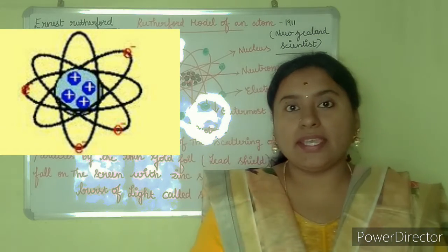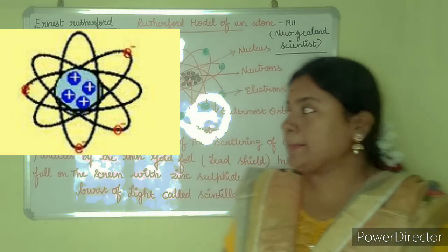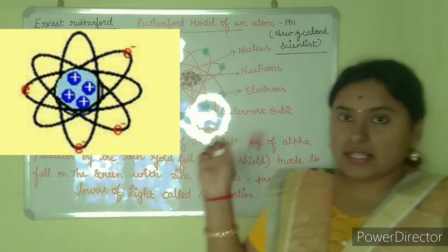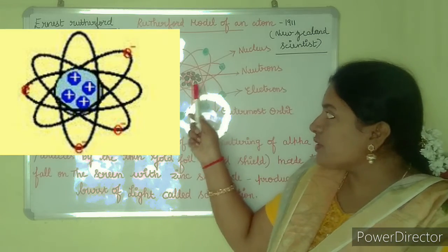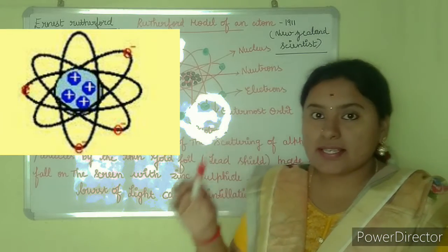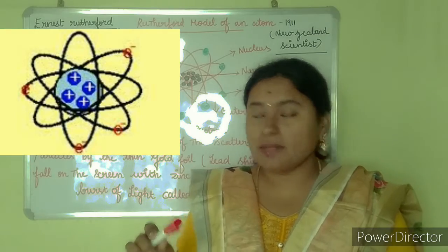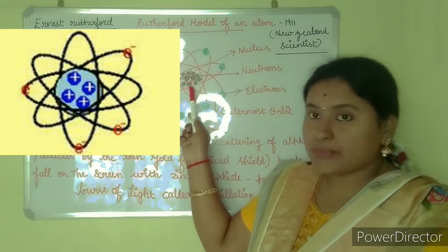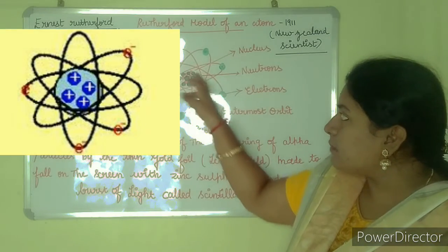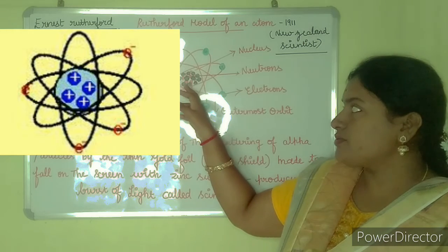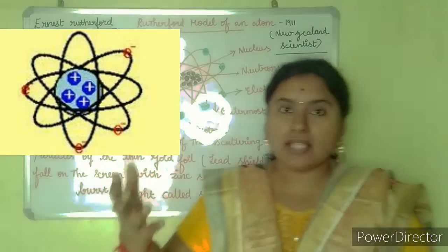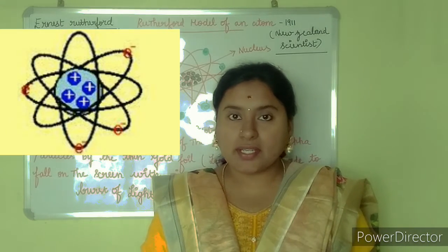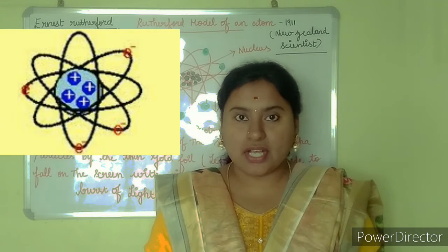What he said in his model is that the atom consists of protons, neutrons and electrons, and the protons and neutrons are together present in the center part of the atom. That is what we call the nucleus. This center part is called the nucleus, and it contains protons and neutrons. We all know that protons are positively charged particles and neutrons are negatively charged particles.